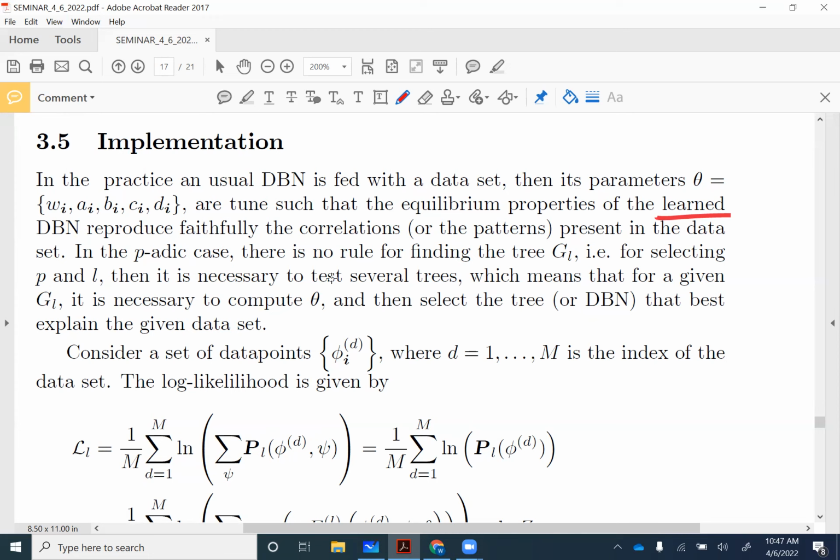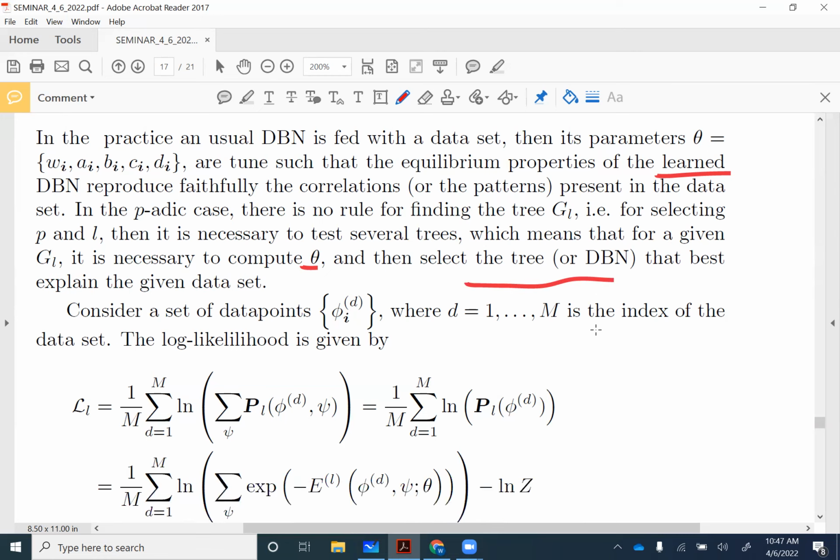In the general case, there is no rule for finding the tree. In other words, for selecting P and L, it is necessary to test several trees, which means that for a given L, it is necessary to compute the parameters and then select the tree or the network that best explains the given data set.